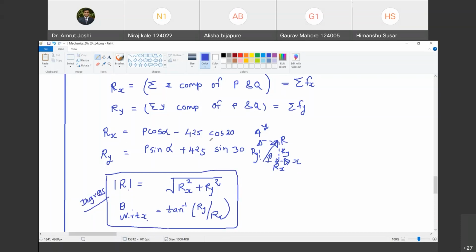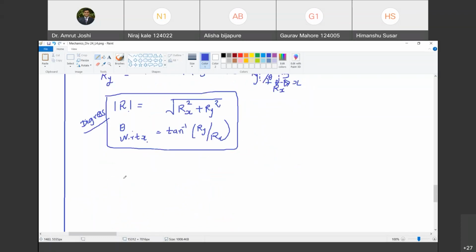Now tell me, what is the condition that is given on R? R has to be vertical. Do you agree with me? Yes. If R has to be vertical, isn't it obvious that Rx needs to be 0? Yes, sir. For R to be vertical, we must have, so I am now writing down the condition.